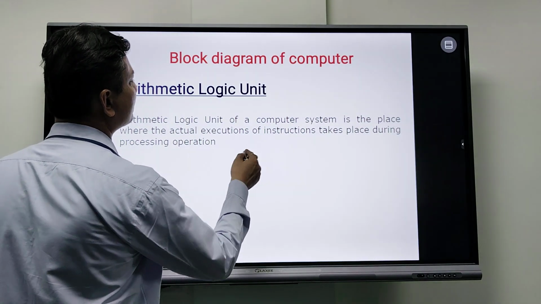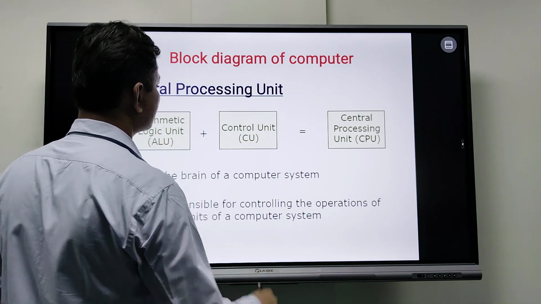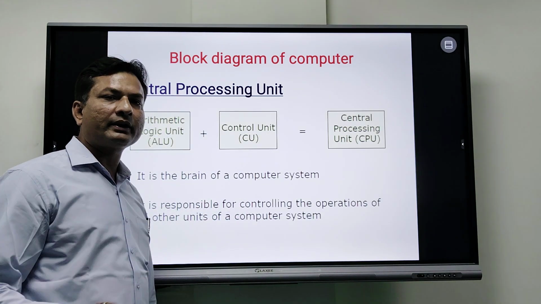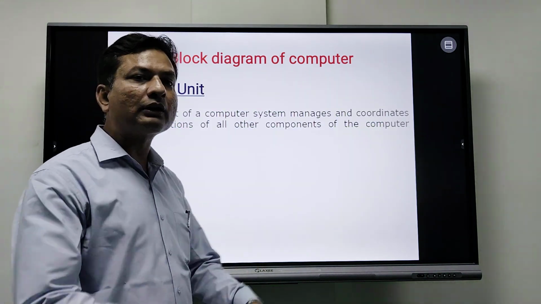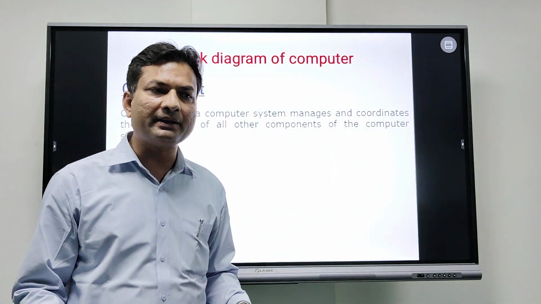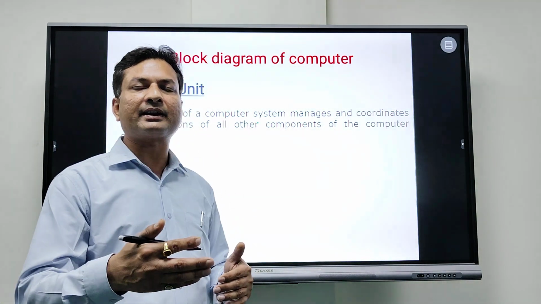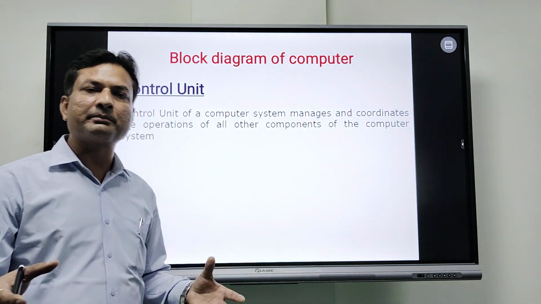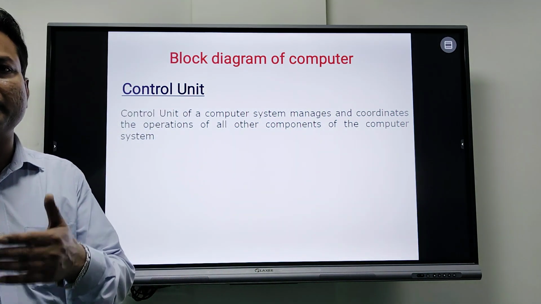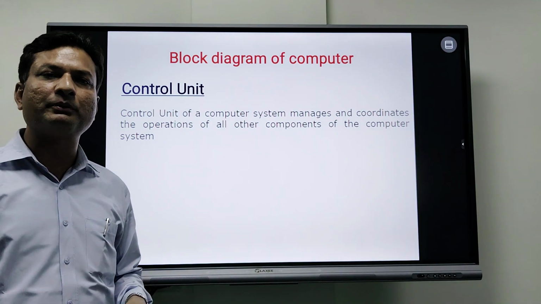And the last part of this block diagram is the control unit. So what is the control unit? The control unit is used to control all the operations of the computer system. That means when the input unit can input the data inside the computer, where that data is stored, when the output will be available to the user, what operation will be performed on the input data.